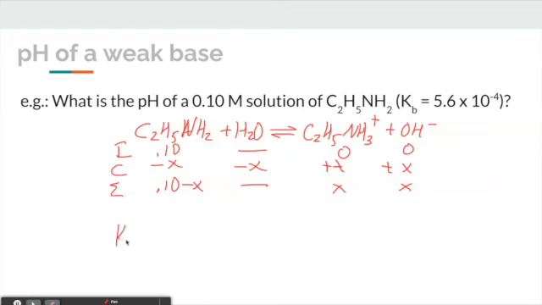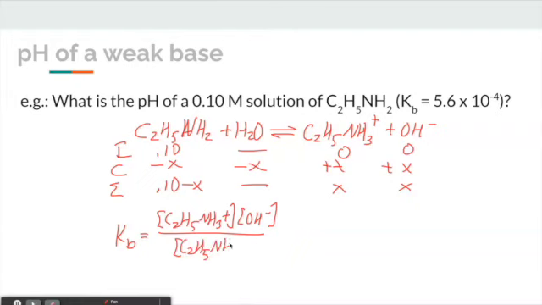So the expression for Kb is going to be the concentration of our C2H5NH3 plus, the conjugate acid, times concentration of hydroxide ion in the numerator, and in the denominator is going to be the concentration of our original base, C2H5NH2.